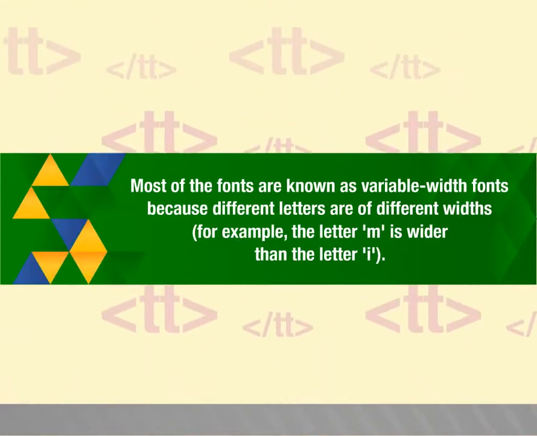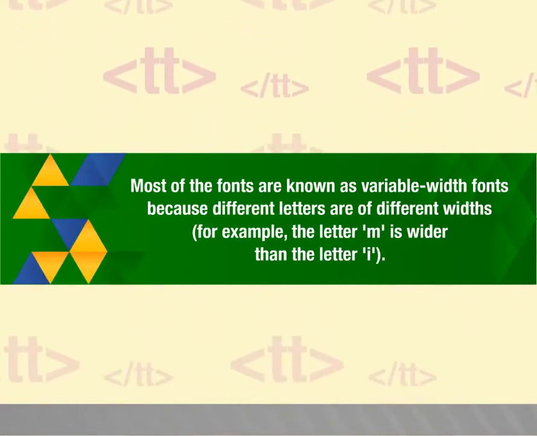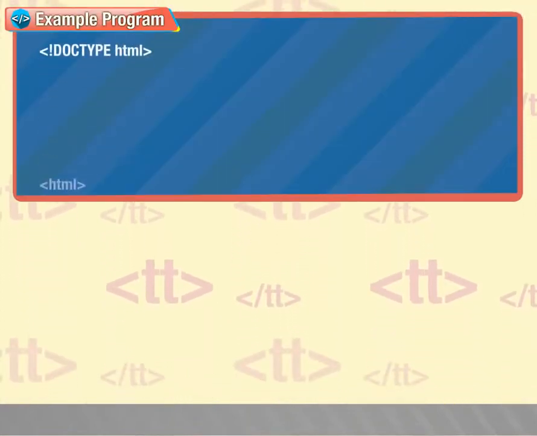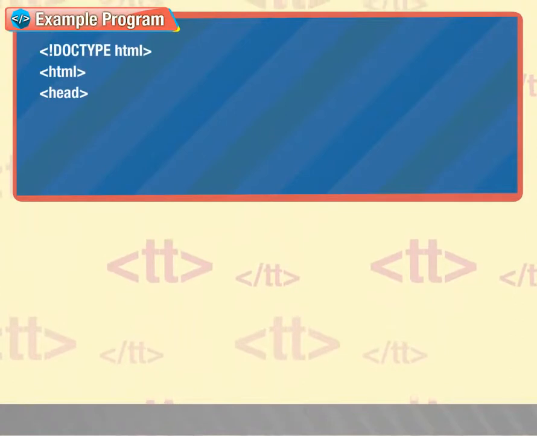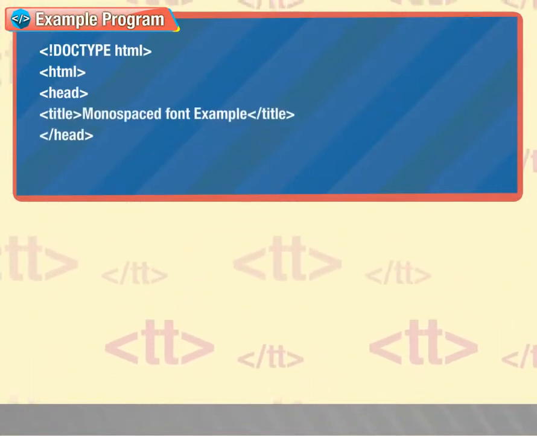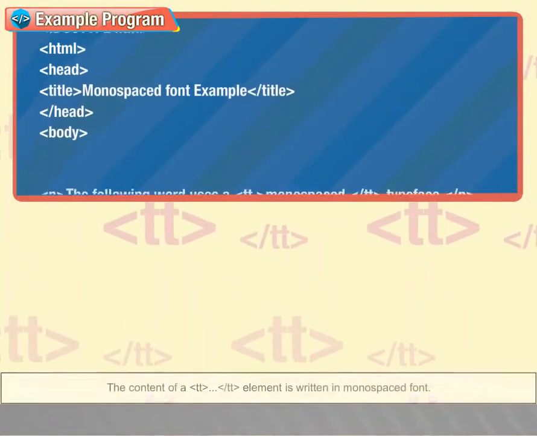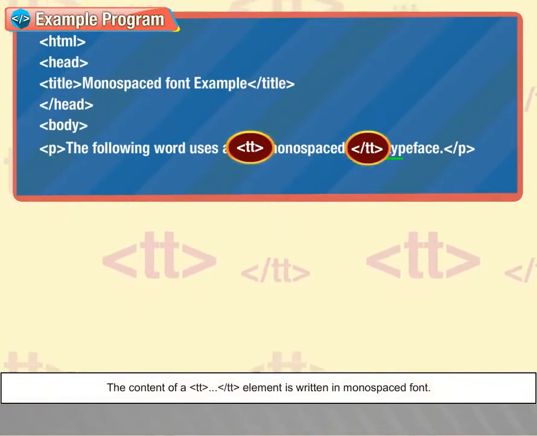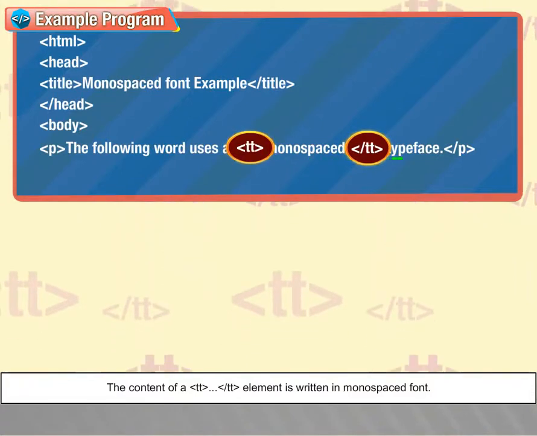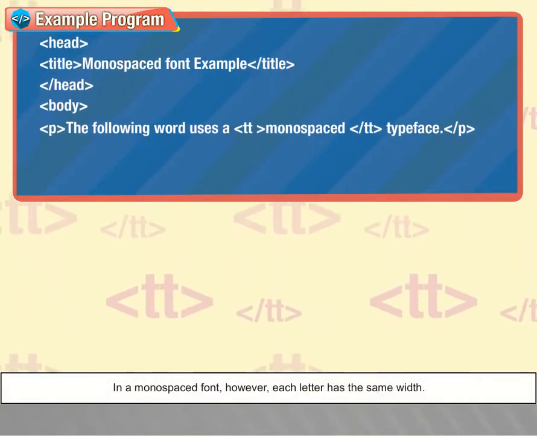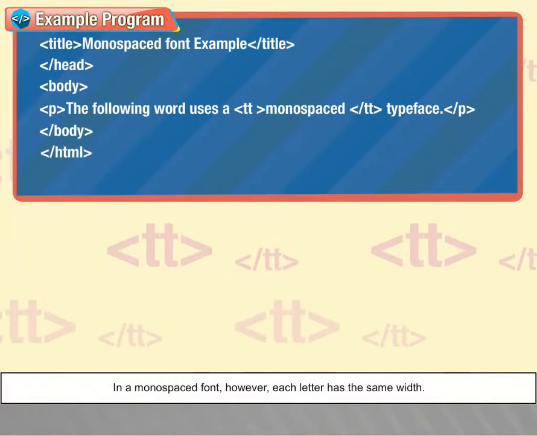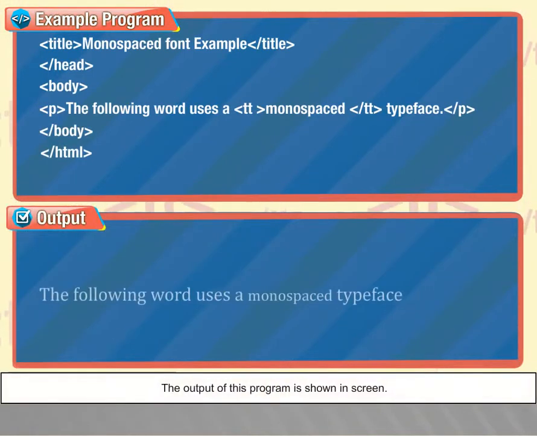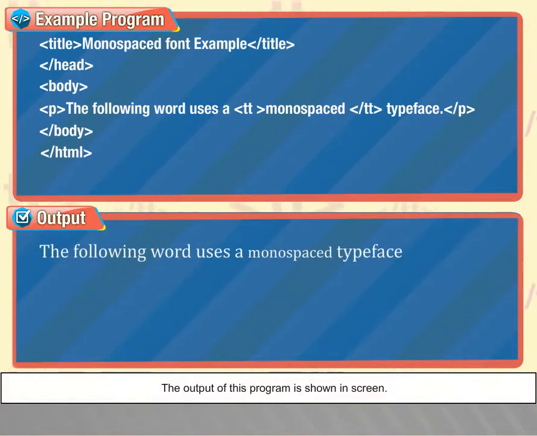For example, the letter M is wider than the letter I. The content of a TT element is written in monospaced font. In a monospaced font, however, each letter has the same width. The output of this program is shown in screen.